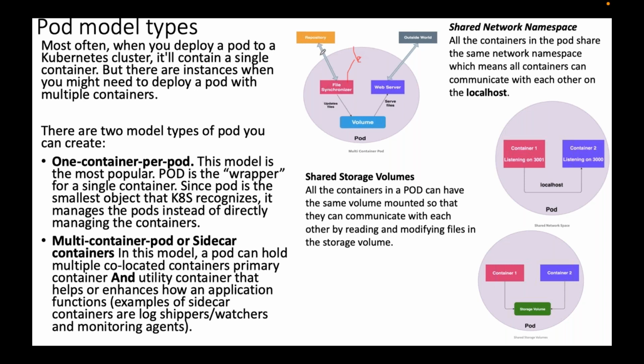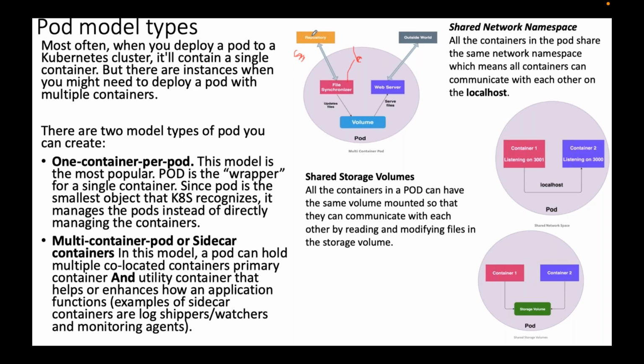Can I have some code which will read the data from outside, I mean from external sources like S3 or something else? This helper container can read the data from outside. Can it make it available to the volume which is attached to that pod?